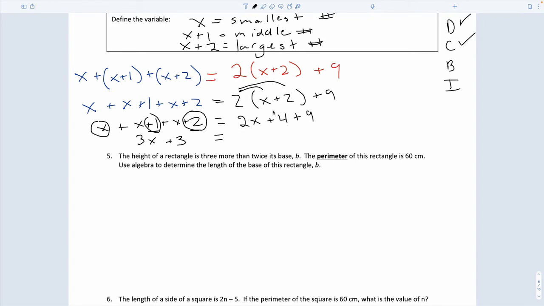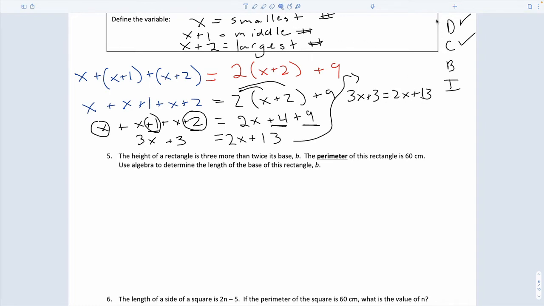Peyton, keep going. And then 4 plus 9. Yeah, what does that give you? 13. Okay. And then the 2x drops down, right? That looks a little bit better. I'm going to rewrite this up here. 3x plus 3 equals 2x plus 13.